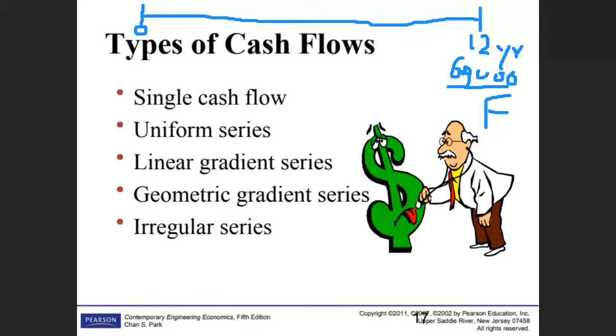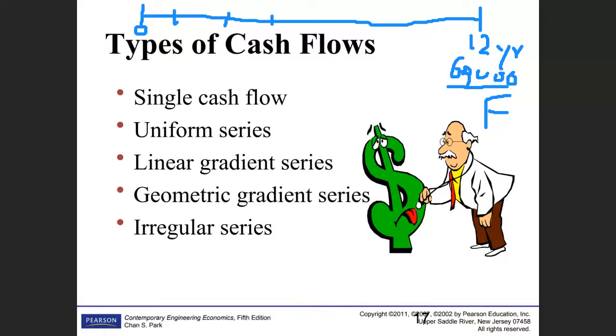Now what else is information? What does it say here? How much must you deposit at the end of each year to meet this need? It means how much you deposit every year, at year 1, 2, 3.